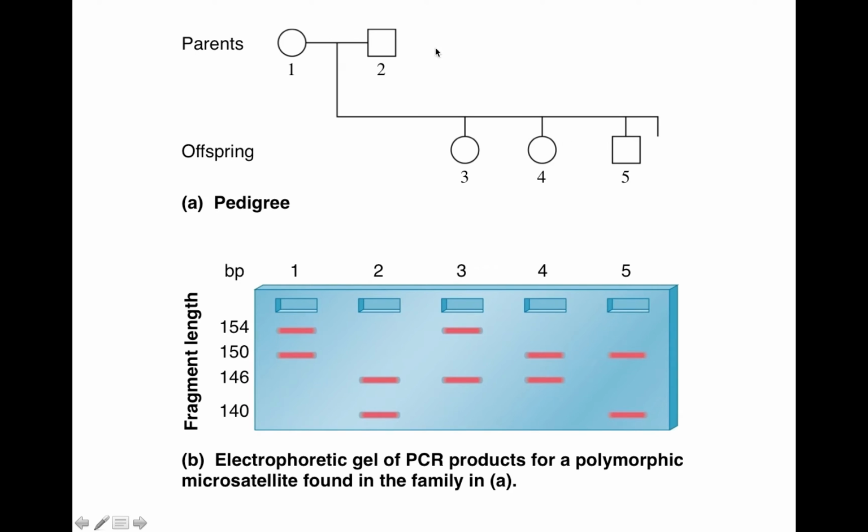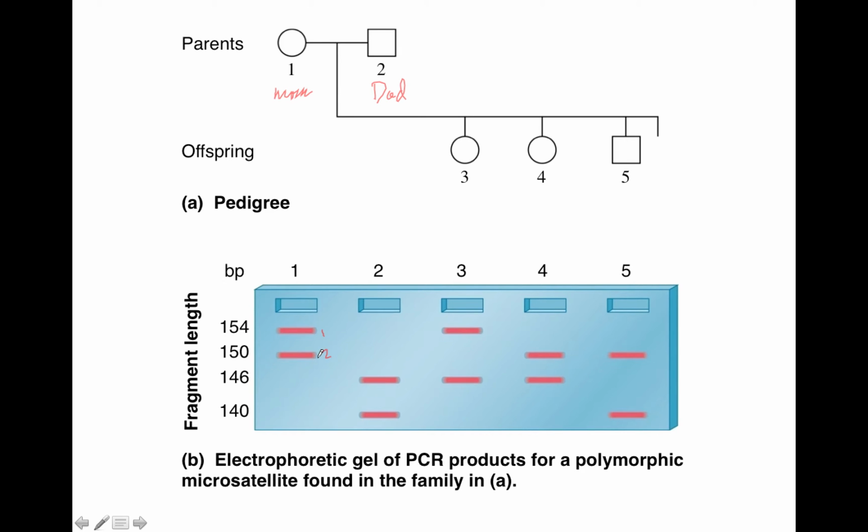So how can we use this in paternity testing or forensics? Well, here's a pedigree. Girls are circles, boys are squares. So this is mom, and this is dad. And this is offspring 1, 2, and 3, or daughter number 1, daughter number 2, and son. If we use a polymerase chain reaction on mom and dad, we see that mom has two different alleles, allele 1 and allele 2.